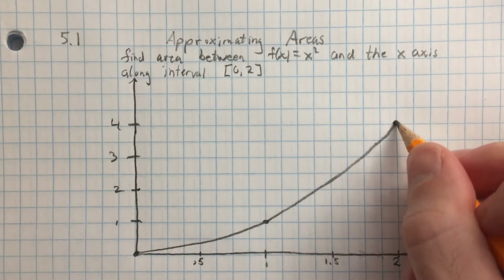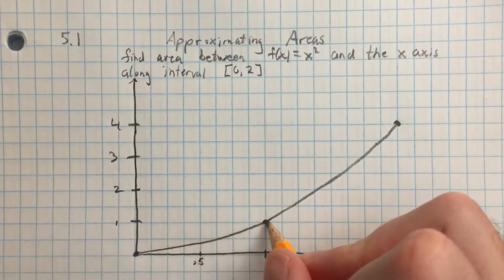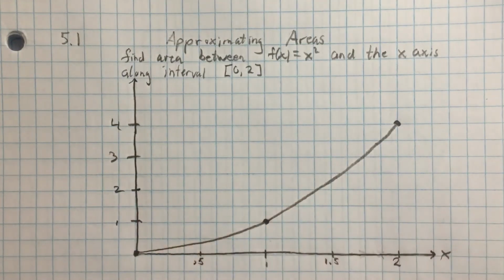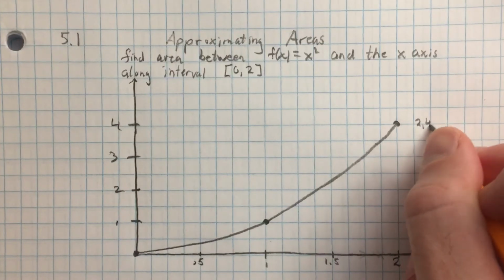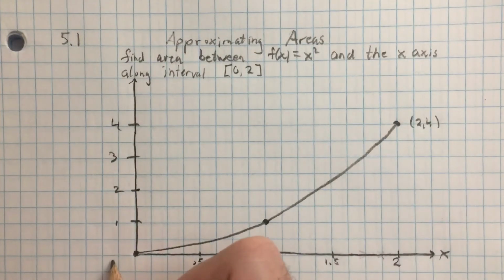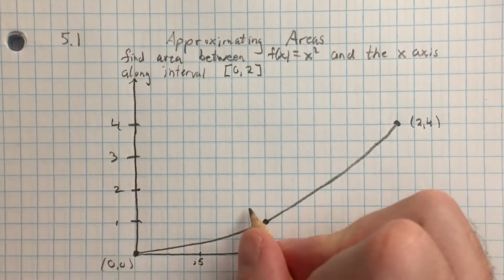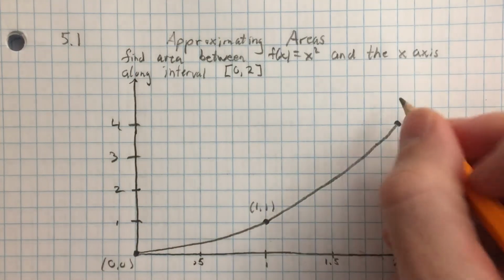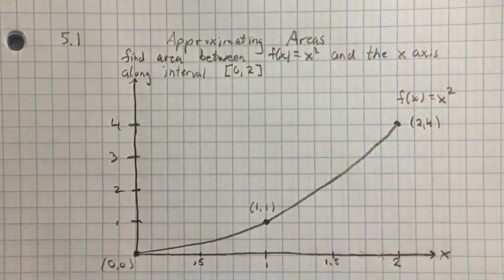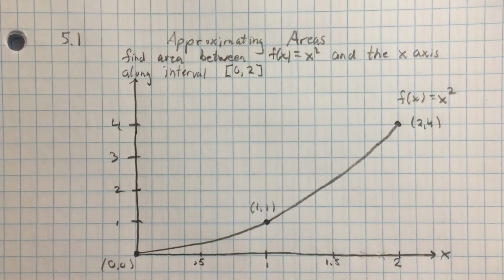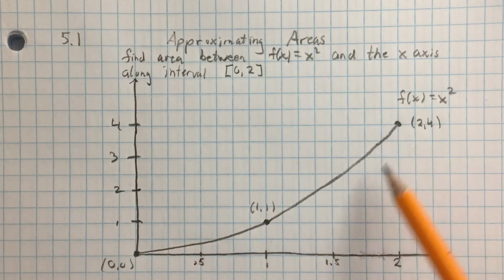Okay, so there's our function from 0 to 2 is all we really need. 2, 4 over here. Origin down here, and 1, 1, as we know would be on this function x squared.